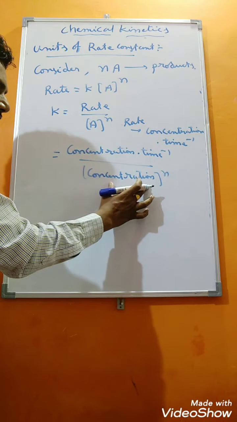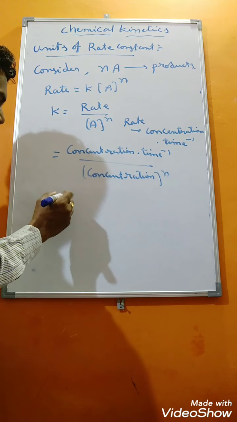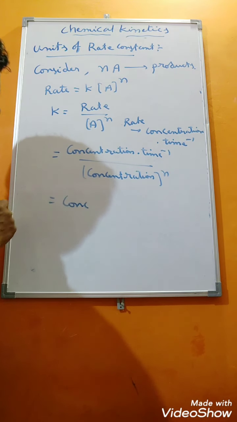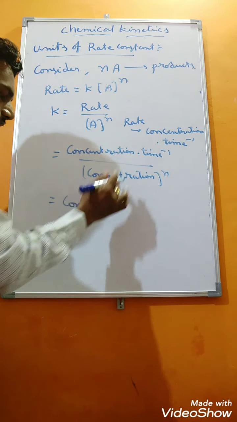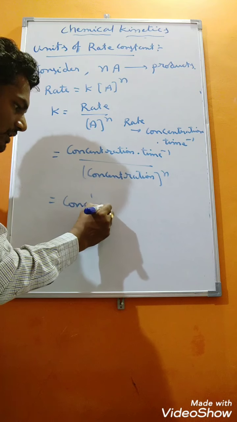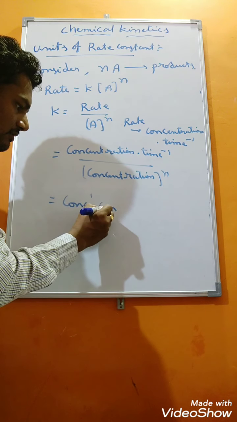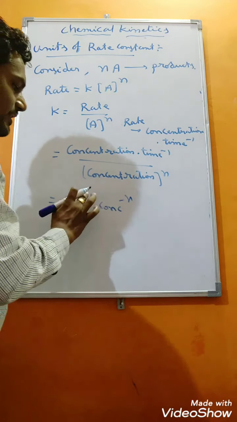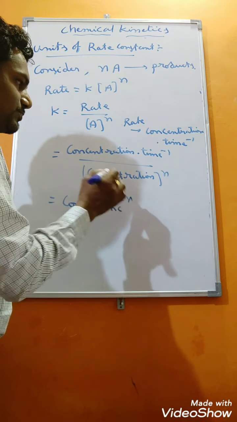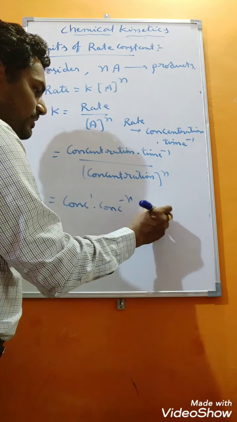Now you send this denominator part to the numerator. Then what you will get, students? Concentration power 1, and this concentration also you send to the numerator, so it becomes concentration whole power minus n. Concentration power 1 into concentration power minus n, time inverse.